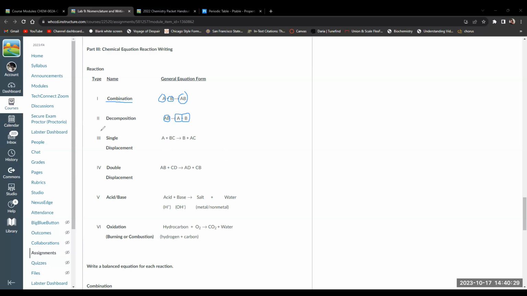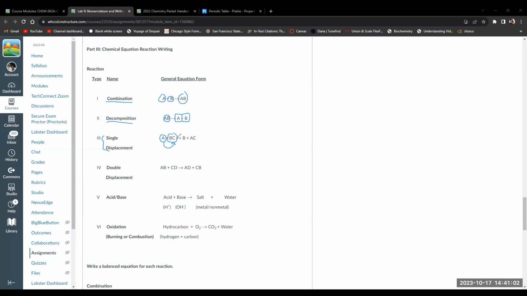Single displacement is when we start getting a little tricky in the naming. When we have one species that's by itself and a combination species, when single displacement takes place, the single species is reacting with the combination to switch partners.